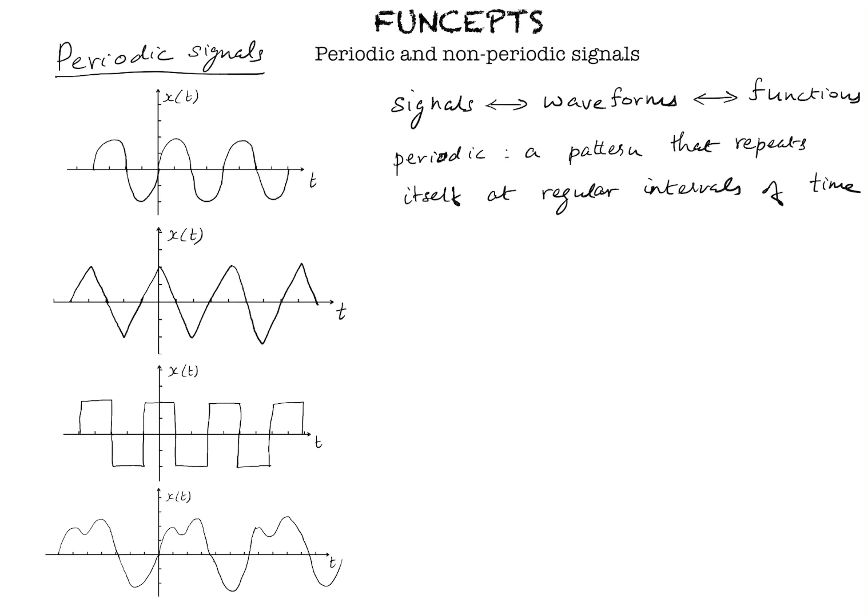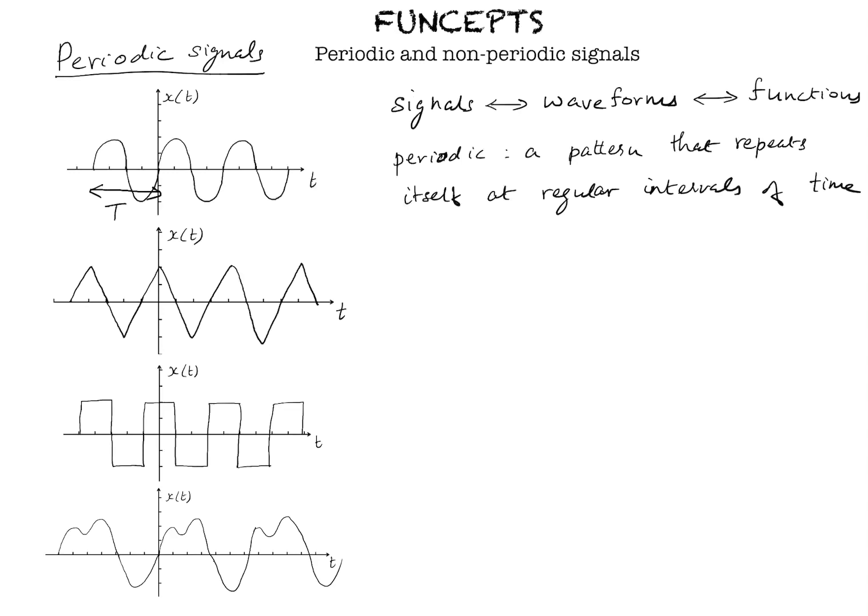Now the time over which the pattern completes one cycle, for example, the waveform or signal starts here and completes one pattern over here, so that time interval over which it has completed one cycle is said to be its time period.